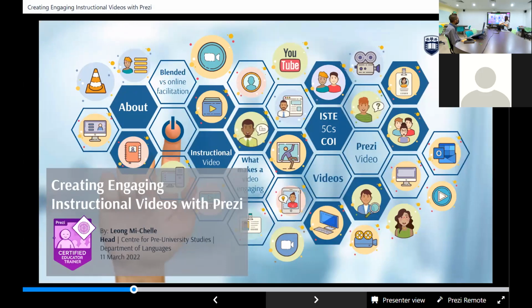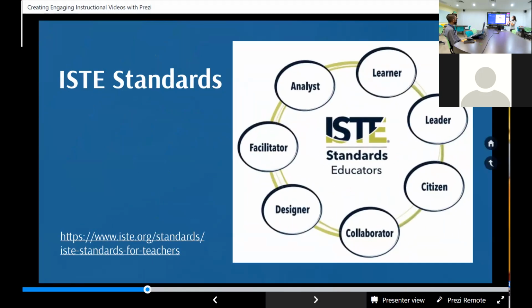So next, before we move into talking about more videos, let's take a step back into the pedagogical part. Okay, I'd like to introduce you to the ISTE standards. Do you know what's ISTE standards? Anybody heard of it before? No? Okay, so just to let you know, ISTE standards, there are many standards.